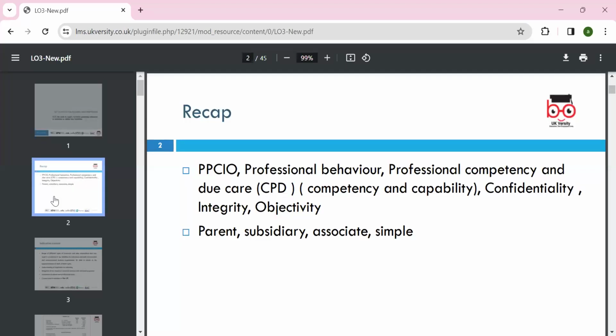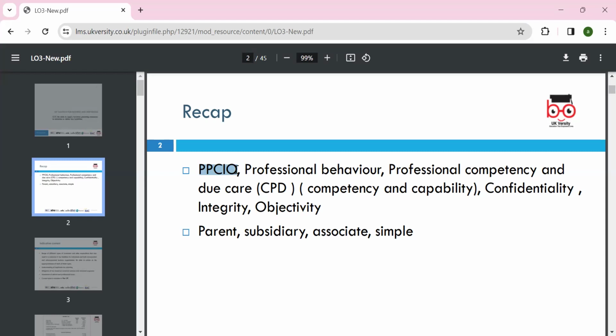During our previous lesson, we also discussed ethics, which we said is PPCIO, popular people chat in offices, to memorize and easily understand the five professional codes of ethics. Normally all professional bodies follow those, like ACCA, CIMA and all of these.